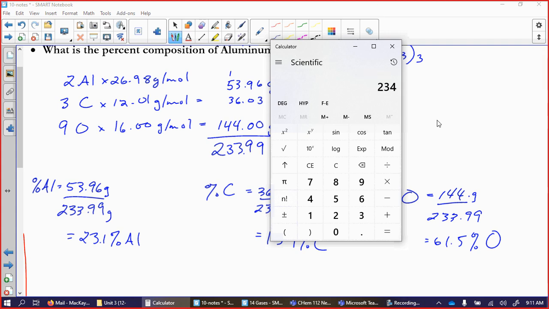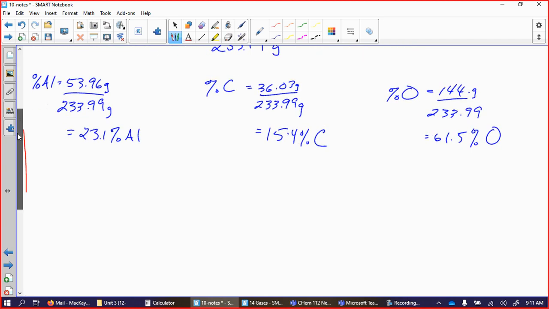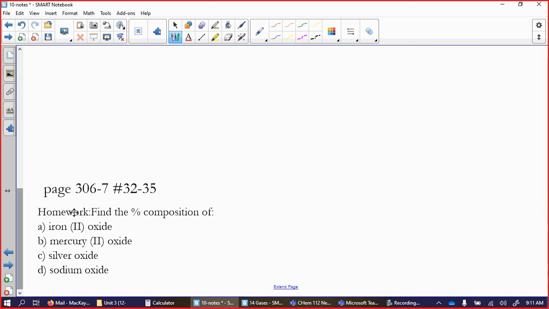Okay, I don't know how I got that other number that was there. I must have typed something wrong. But we can do it all out in the calculator. You can do it all at once. If you do it this way, you have all three. You have to do both parts as it is. Those are some questions on this and percent composition.